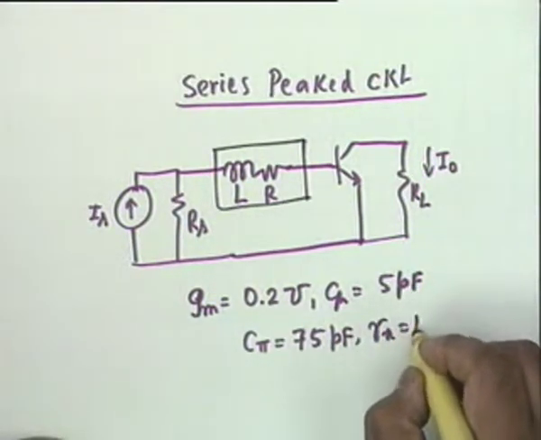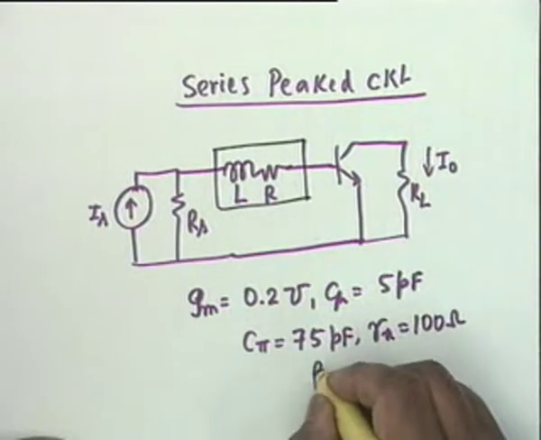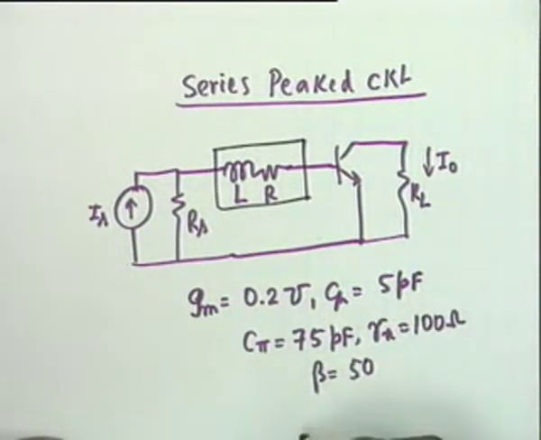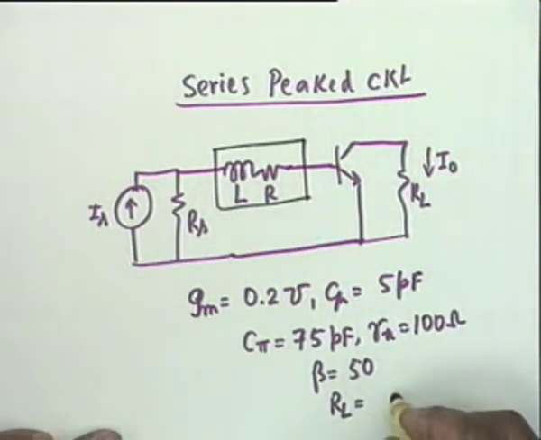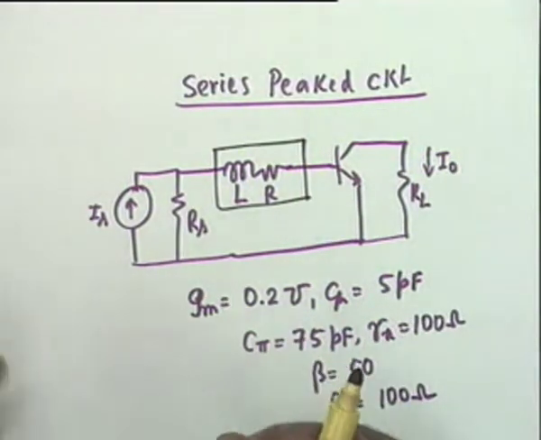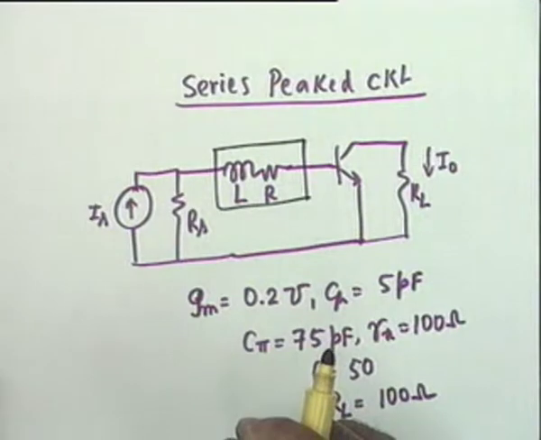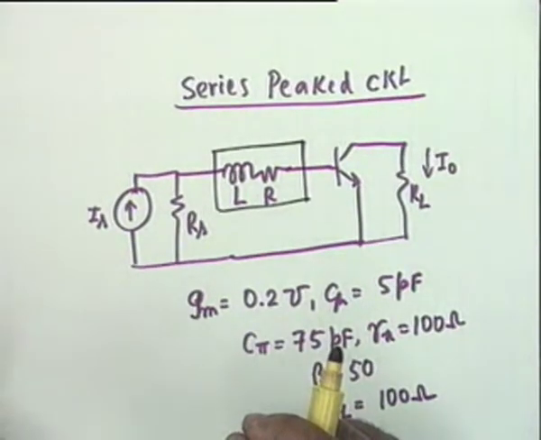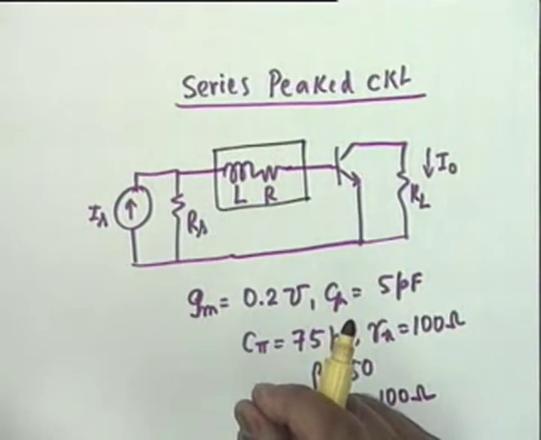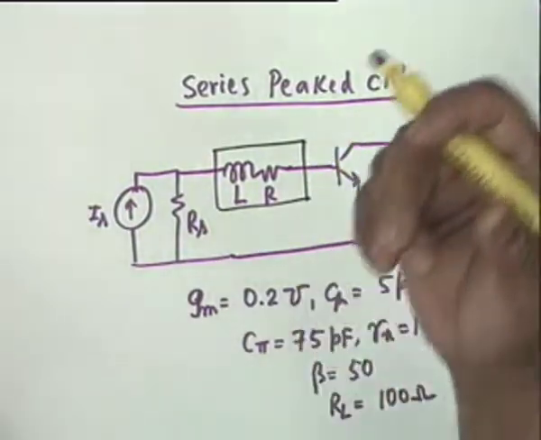Rx is 100 ohms. Beta is 50 and RL is 100 ohm. Now in the previous case it was 500, isn't it? What was RL in the previous case? Was RL effective? No, it doesn't depend on what RL is, because our transfer function is current transfer function.